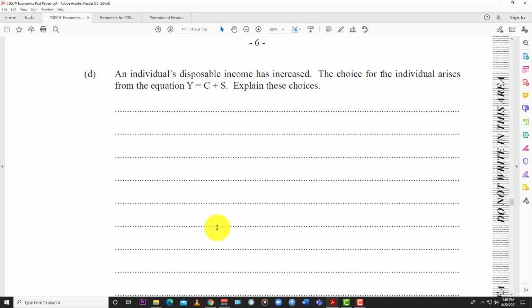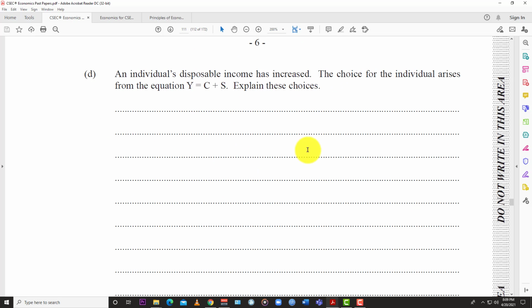That's normally the case. Normally when income increases, the law of demand states that as your income rises, you tend to buy more things. And so if your income rises, your consumption will go up. Your saving might remain the same, but your consumption will go up.